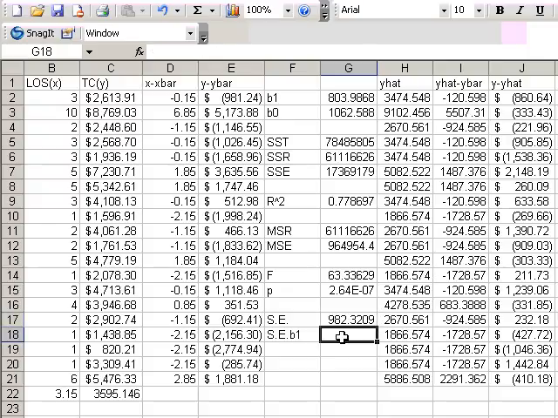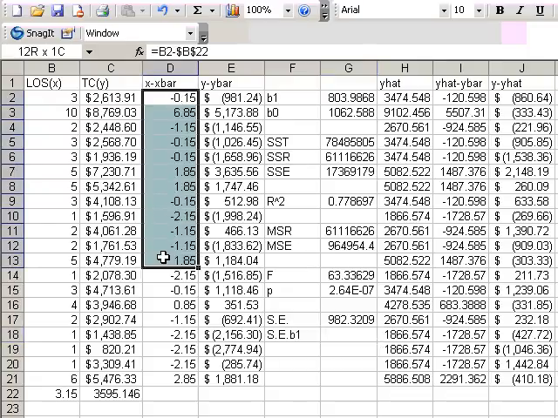The standard error of B1 is a little more complicated than the standard error of regression. It is actually the standard error of regression divided by the square root of the sums of squares in x. That is, the square root of the sums of the squares of x minus x bar.